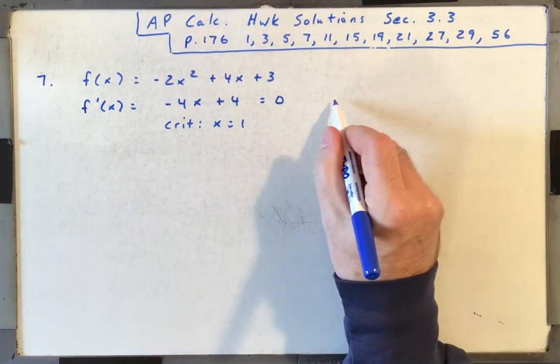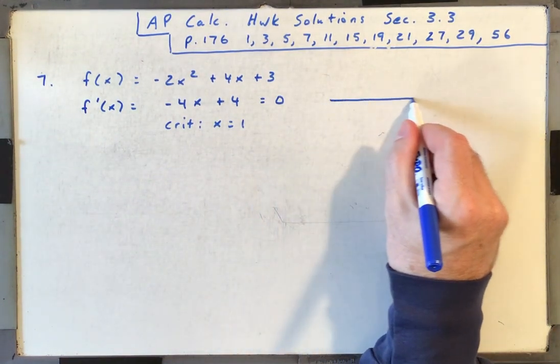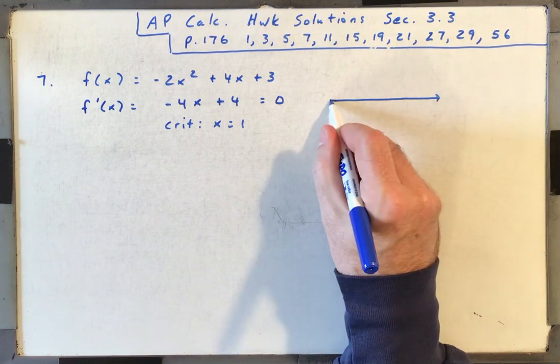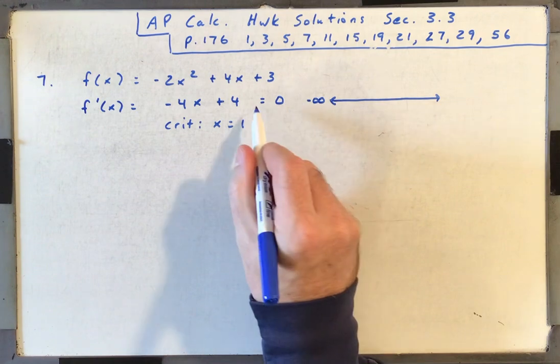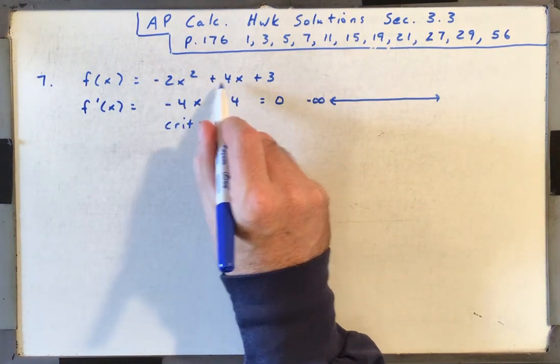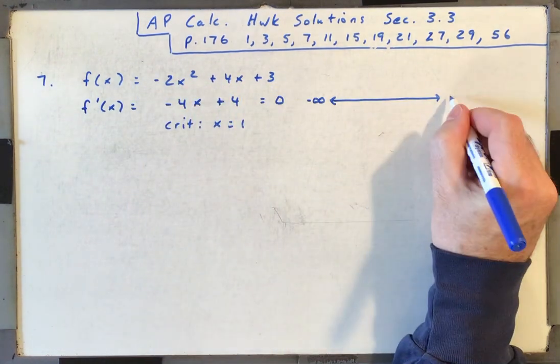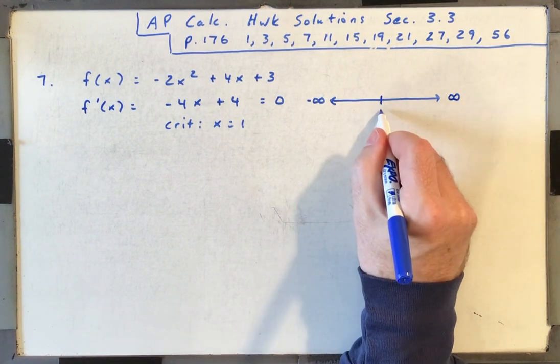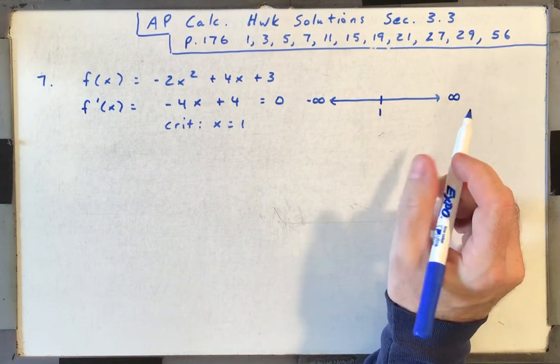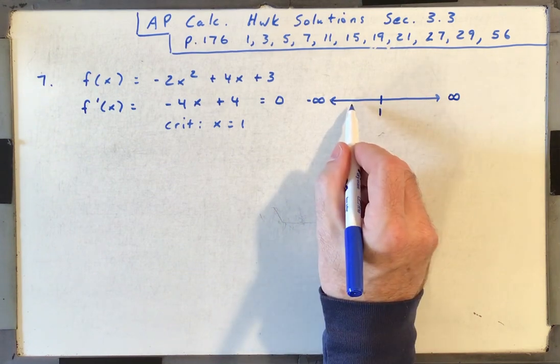So I like to draw the sign line right next to where I'm going to plug in, which is the derivative. Don't accidentally draw it next to the original function f of x, or you'll plug into the wrong thing. Let's put our critical point right here at 1. To the left of 1, I'm going to pick 0.